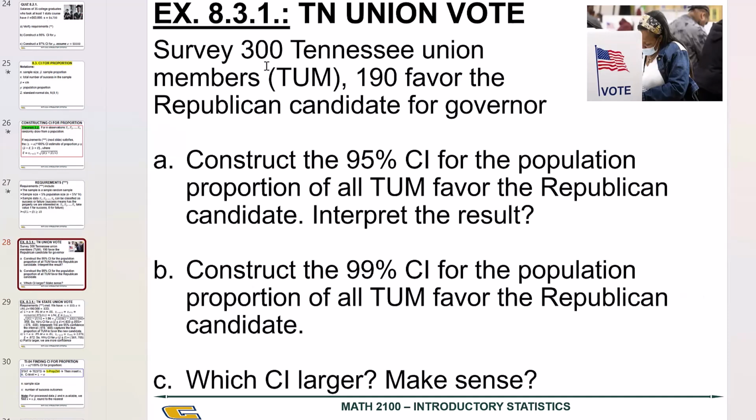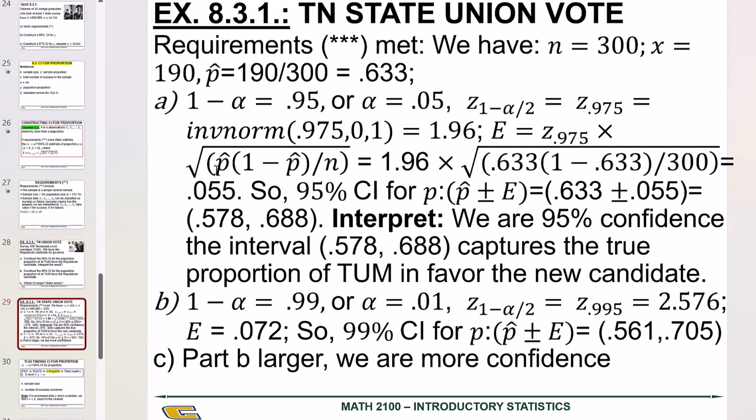You can check, but I believe the TUM is much larger, so 300 cannot be more than 5% of the TUM here. And then the third condition, where people either favor or do not favor, favor or against. And also the last condition, which is n times p hat times (1 minus p hat) greater than or equal to 10.